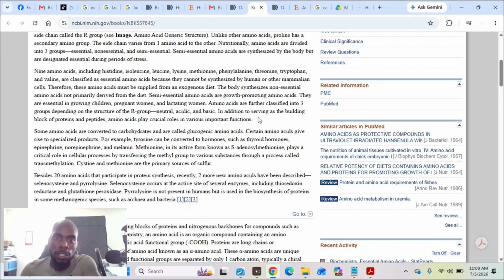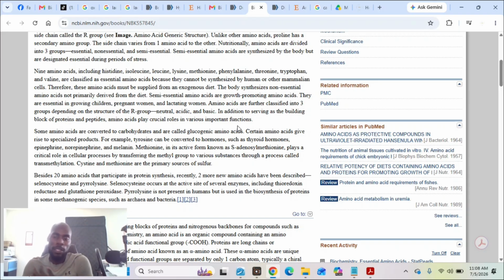In addition to serving as building blocks of proteins and peptides, amino acids play crucial roles in various important functions.